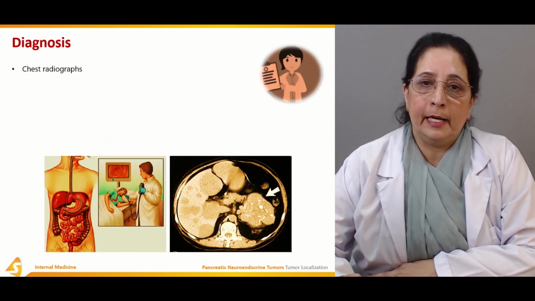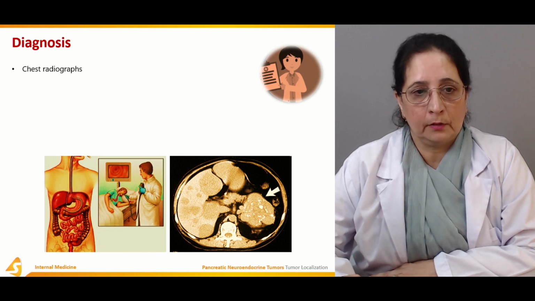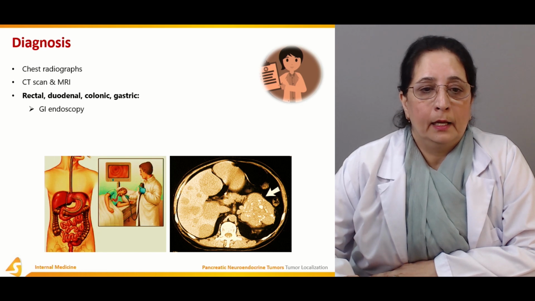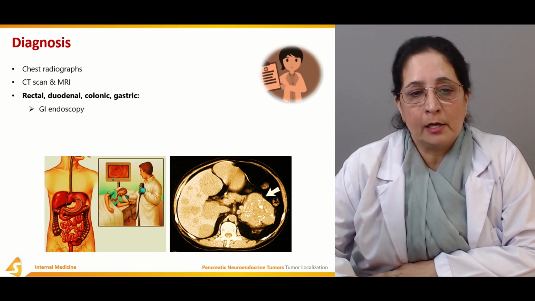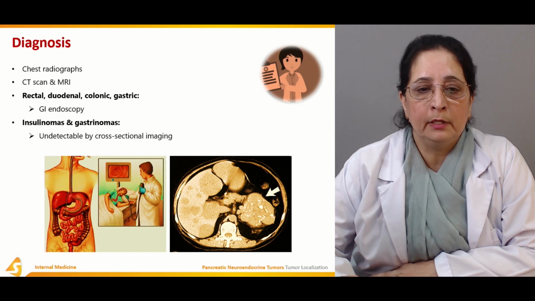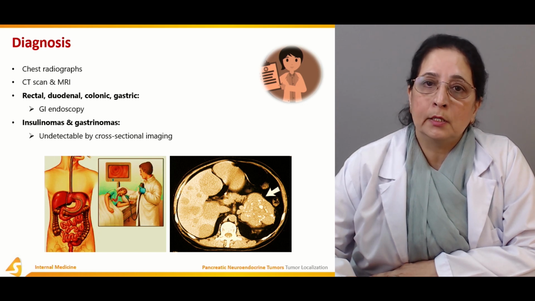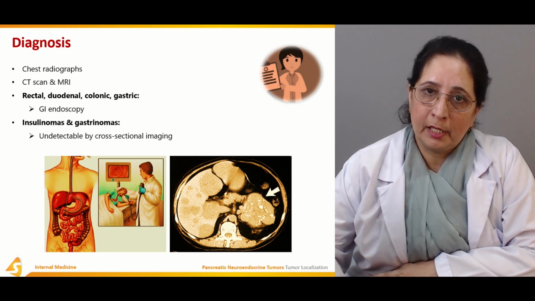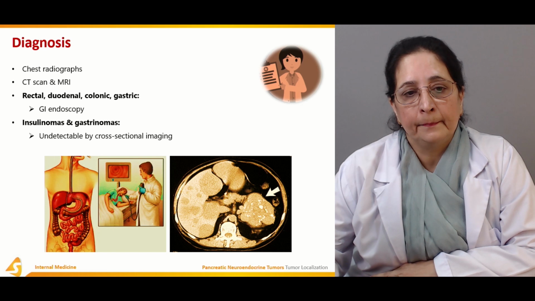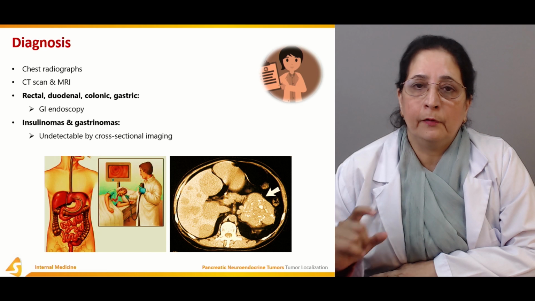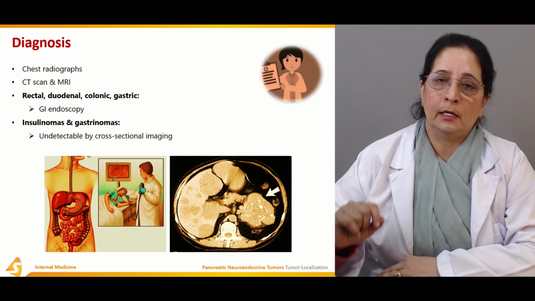Diagnosis is by chest radiographs also, CT, MRI, rectal, duodenal, colonic, gastric endoscopies. Insulinomas and gastrinomas are usually undetectable by cross-sectional imaging. So again, chest x-ray can also be used along with the CT, MRI, and then endoscopies, especially for gastrointestinal tumors.